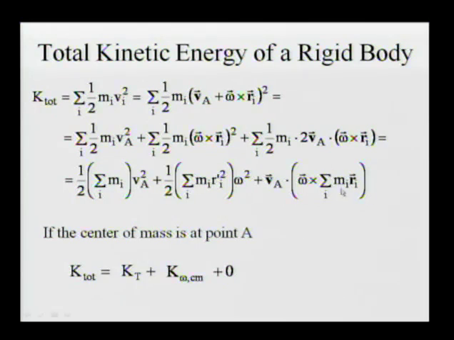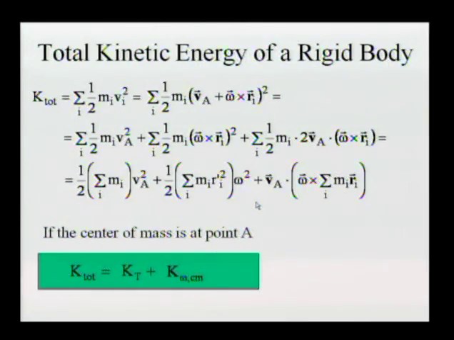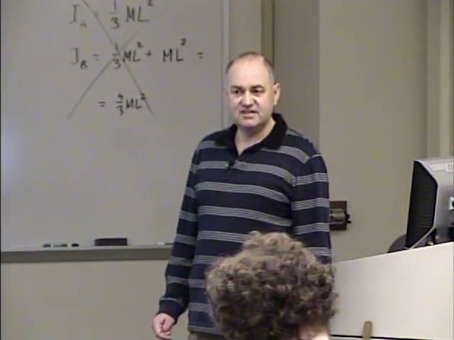If I multiply this zero vector by the vector omega, I will get a zero vector. And if I multiply this zero vector by the velocity of the center of mass, I will get zero, a number, correct. Because over here we had a vector product, and here we have a scalar product. So the total kinetic energy of an object is equal to the translational kinetic energy plus the rotational kinetic energy about the center of mass.